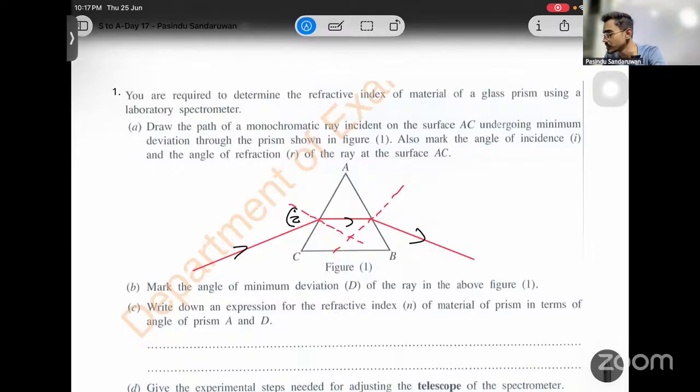And the angle of refraction is here. Then the angle of deviation is the angle between the original direction of the light ray, this one, and the final direction of the light ray, this one. The angle of deviation is here. So this is how it should be.